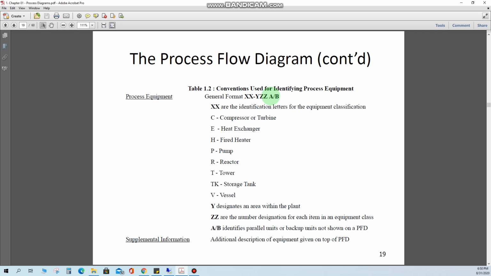In that case, we usually designate the symbols as A slash B to show that there are multiple equipment on the pipeline having the same specification, and it simply represents spare equipment on the same pipeline. Now let us see how we can use this format again.